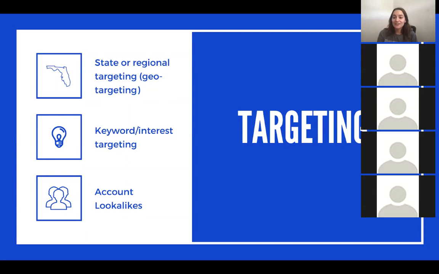And then finally, account lookalikes is really cool. I don't know if this is available on Facebook and Instagram, but on Twitter, you can have your ads be shown to people that follow specific accounts. So say you're trying to get your message in front of people that are serving at HBCUs. You can have your ads be shown to people that follow HBCU Buzz or HBCU Today.